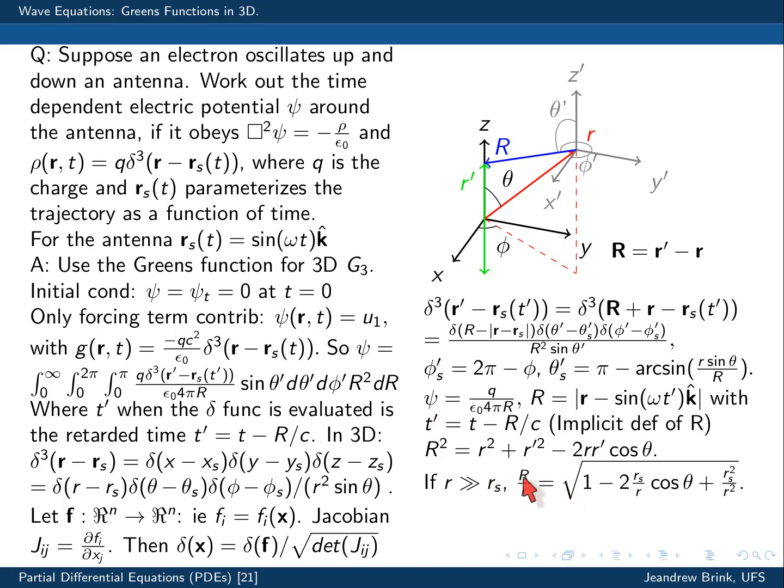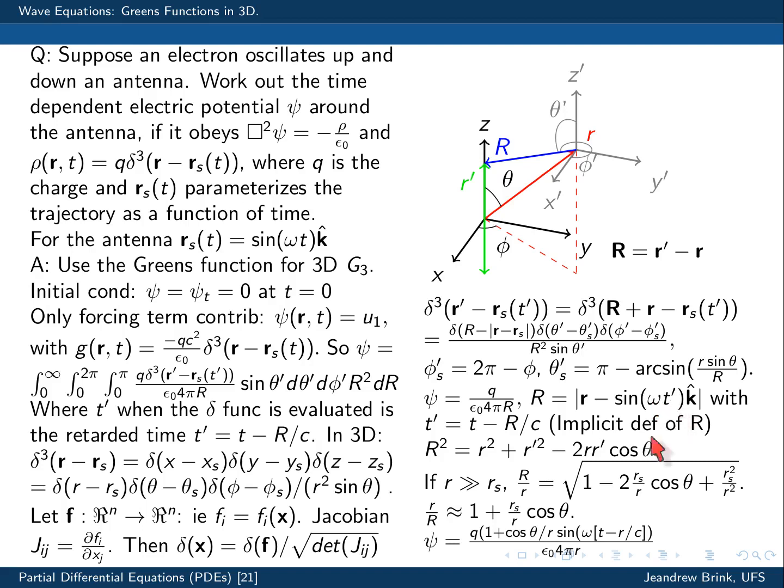So you have that r over r prime is equal to this, and that means that little r over big R becomes 1 plus rs over r times cos theta, and rs is simply minus sine of omega t prime.